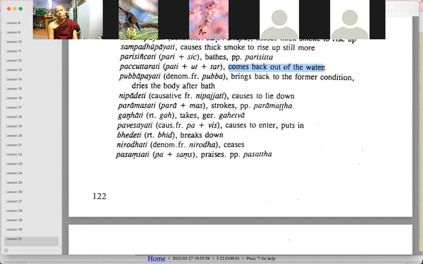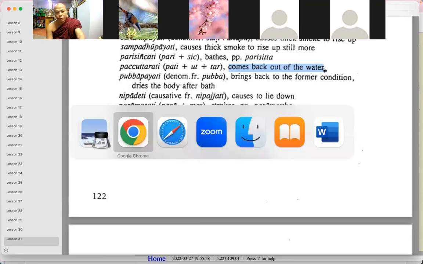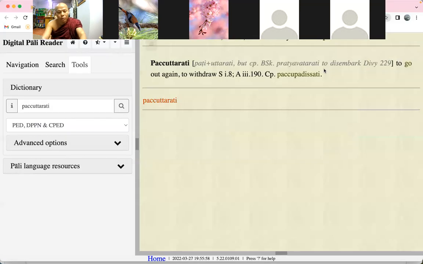Bichodredi: comes back out of water, comes out of water or comes back out of water. So comes back out of a spring also.